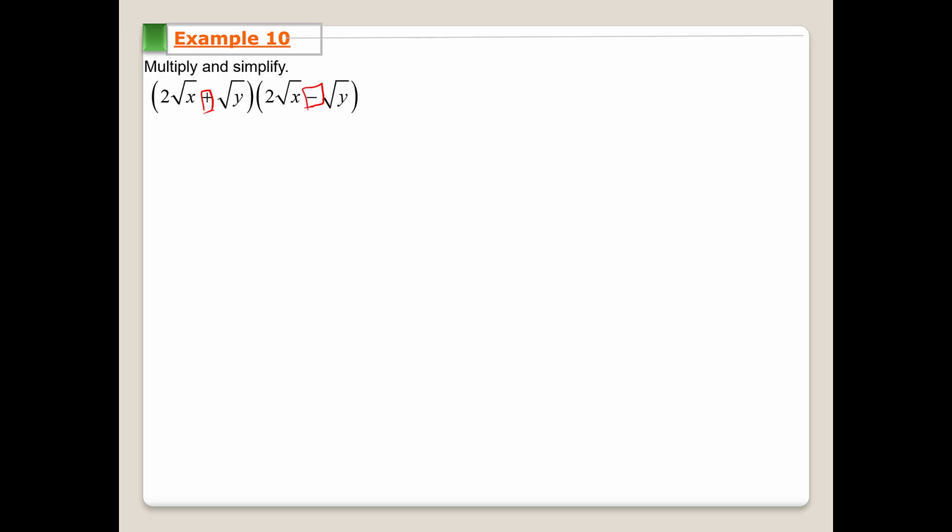Okay, looks similar, but they're not. So with that, we can use this equation, a plus b times a minus b is a squared minus b squared, and simply use our 2 times the square root of x for our a and square root of y for our b.